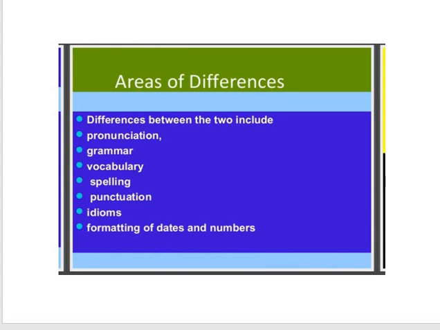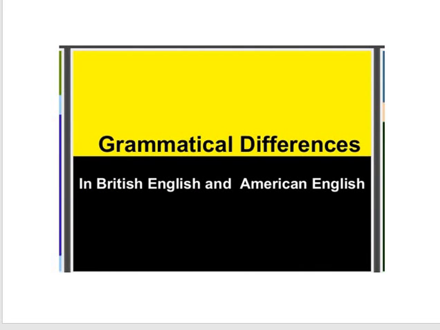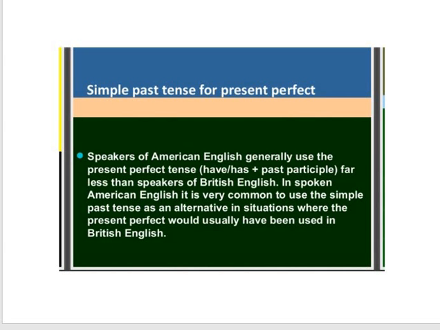So these spelling differences between British and American also include letter changes and letter reversals. Grammatical differences in British English and American English: simple past tense for present perfect.